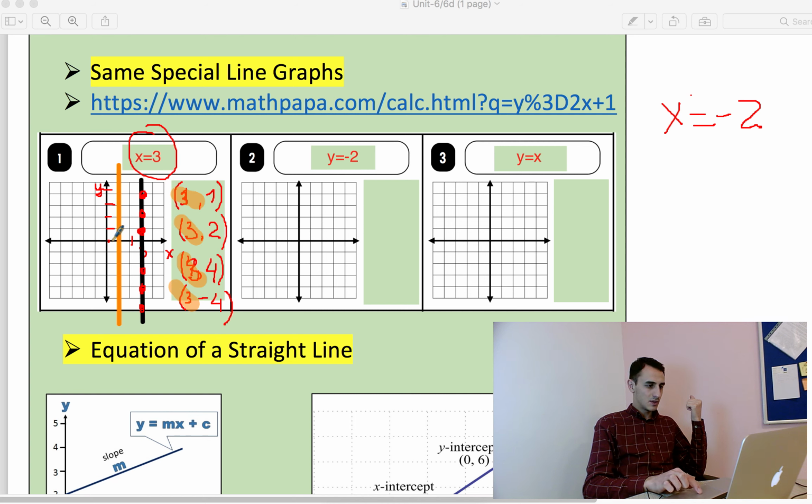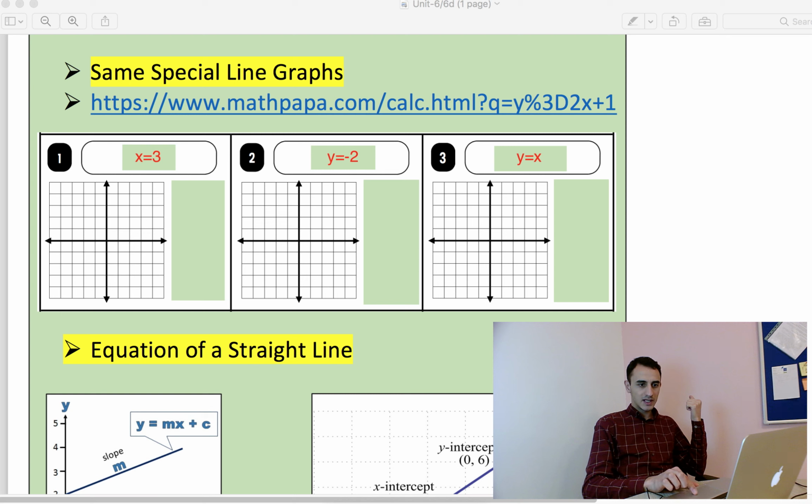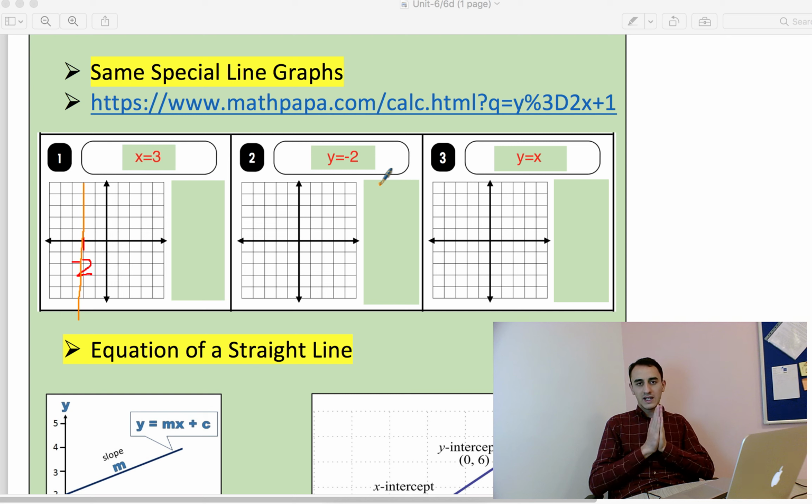Sorry, let's do it again. Okay, this is negative 2, right? So my line needs to be like this. Okay? It needs to be parallel to the y-axis and pass through negative 2 on the x-axis. Is it clear? I hope it is.